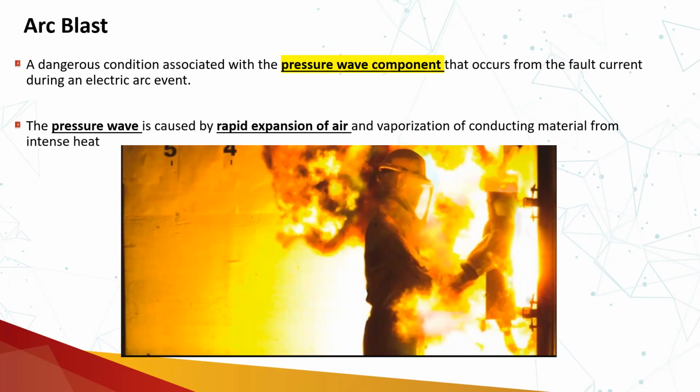Okay. Up till now, we have discussed different types of hazards, arc flash hazard and electric shock hazard. Now, what about arc blast hazard and how it initiates? Everything basically starts with an electric arc.